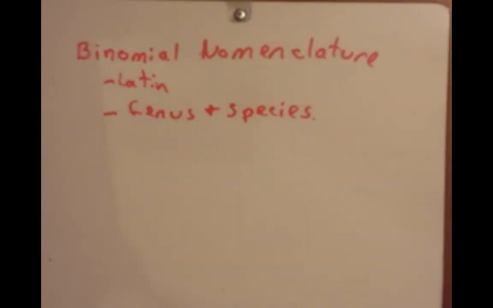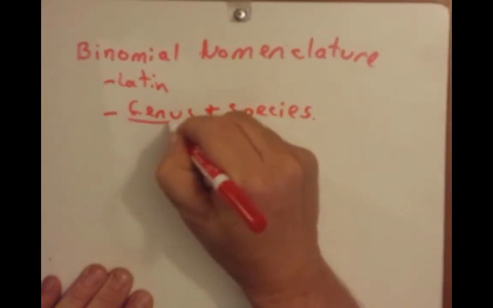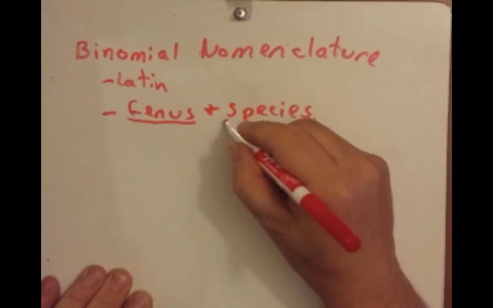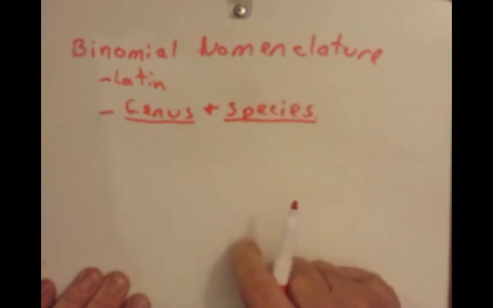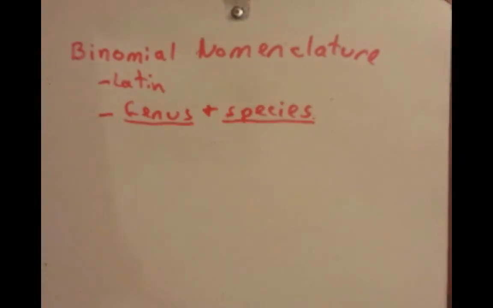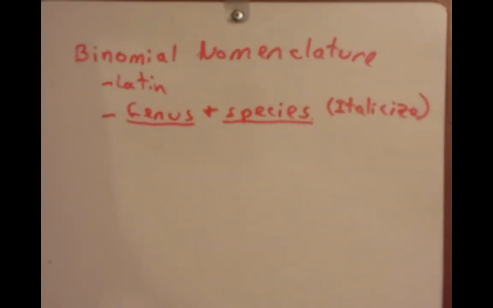And the genus and species are always written with the genus first and capitalized, and the species second, not capitalized. So let's make sure that s is clearly a small s. In addition, we always italicize it. And the reason we do that is just because we always italicize any Latin words.